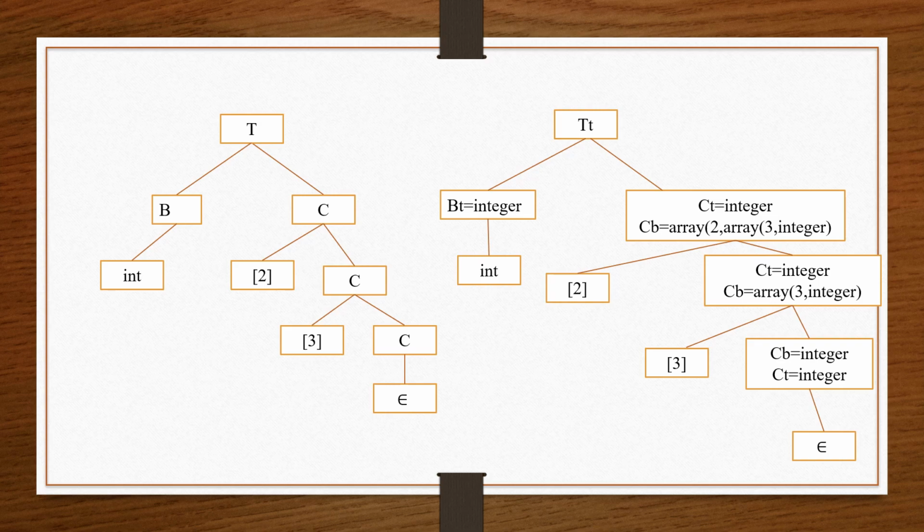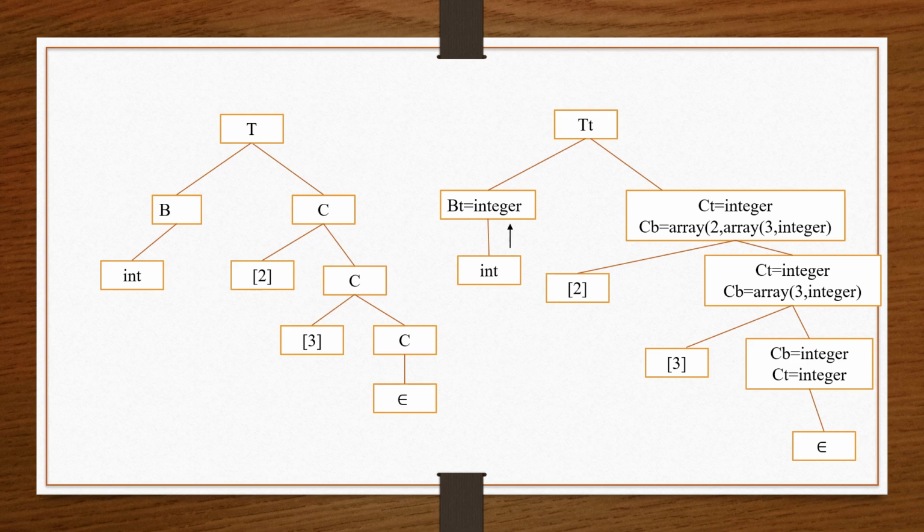Now, what is the corresponding action? First one, integer, right? B, what is the type of B? It is integer. Therefore, integer is copied to integer. What is the type now? It is a synthesized attribute. Therefore, integer is copied to attribute T of non-terminal B. Therefore, B.T is equal to integer. After that, this is copied to the inherited attribute.